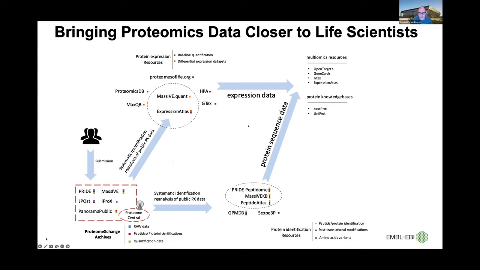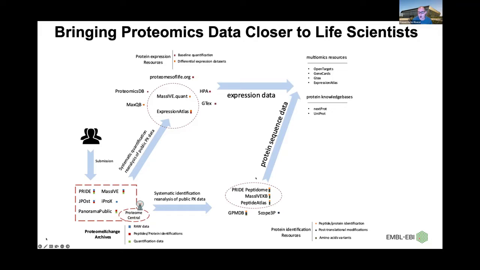This is how we see the data flowing in proteomics. We have ProteomeXchange, the major archive of proteomics data, where the data is submitted. And there are two major types of resources reanalyzing data systematically. In the last 3-4 years, we have seen the emergence of new expression databases like ProteomicsDB, MassIVE-Quant, and probably Nuno will talk about it, and Expression Atlas.